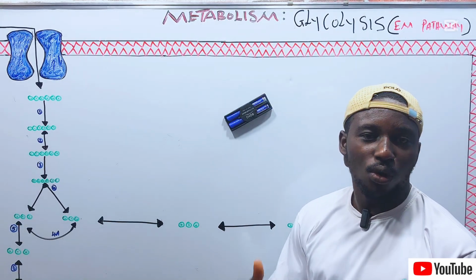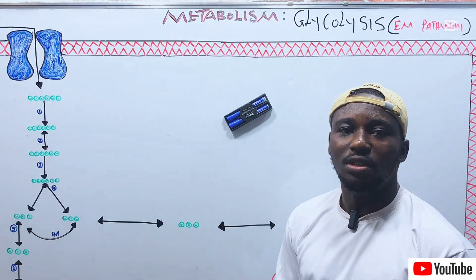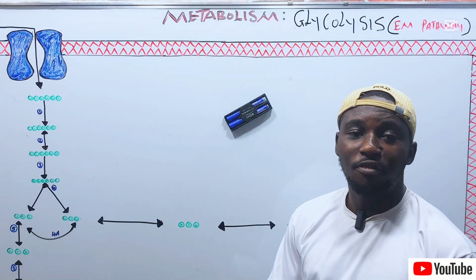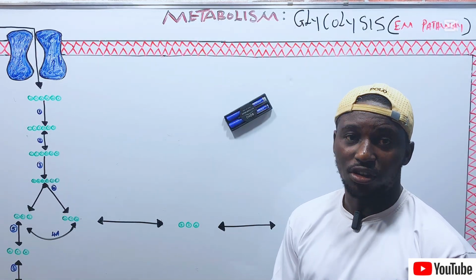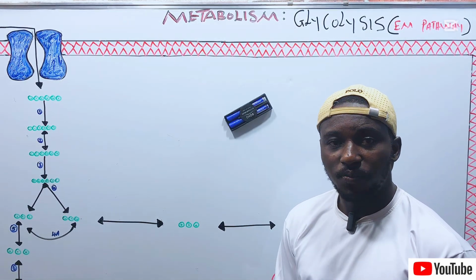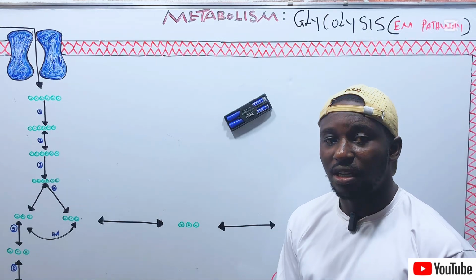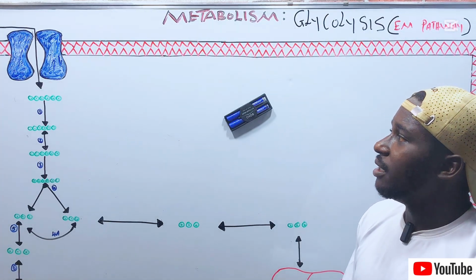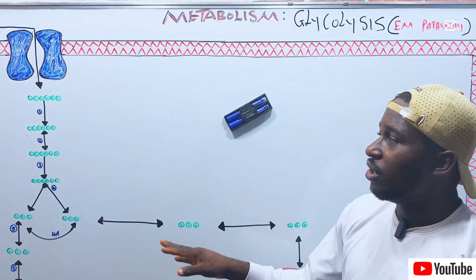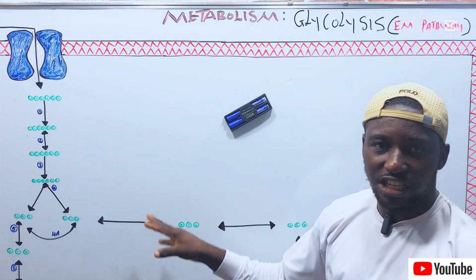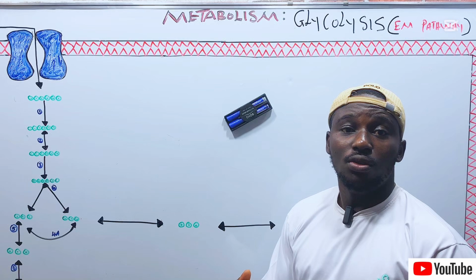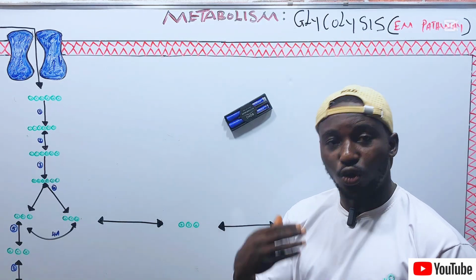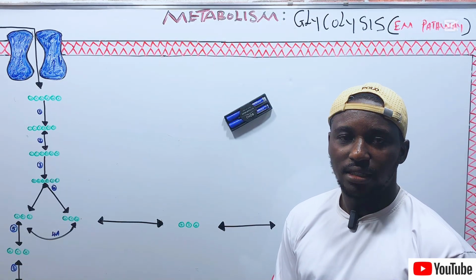We also went further to give the regulations of glycolysis, both its hormonal regulation, gene regulation, and allosteric regulation. Now, we shall be delineating on the biochemical reactions that take place in glucose oxidation, right?